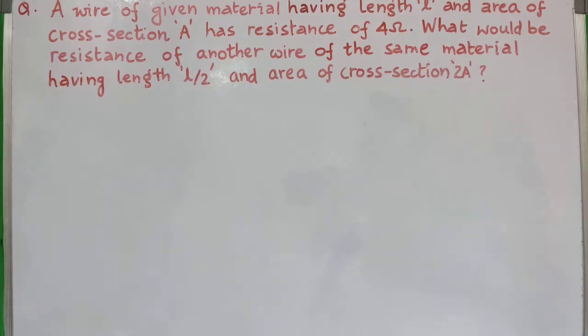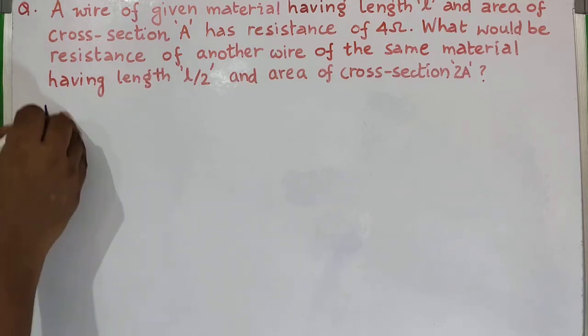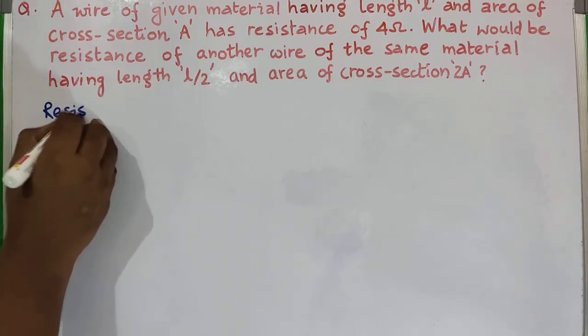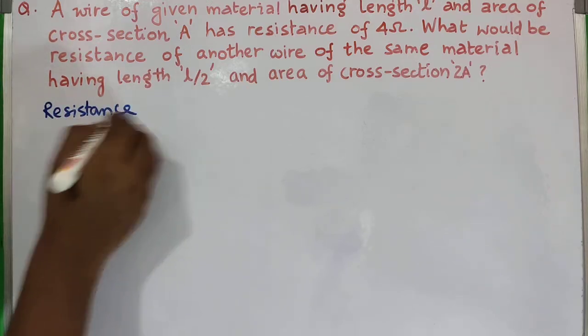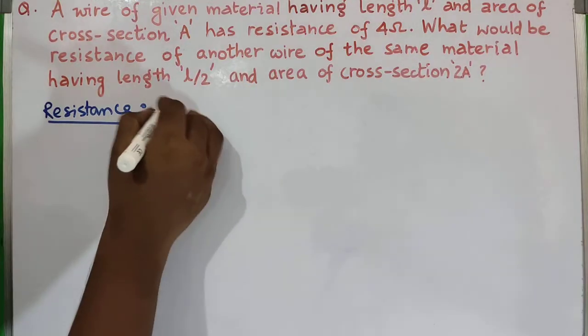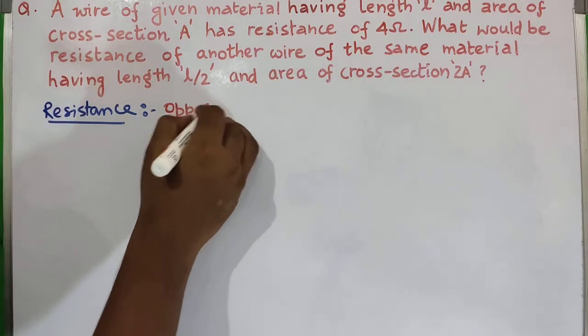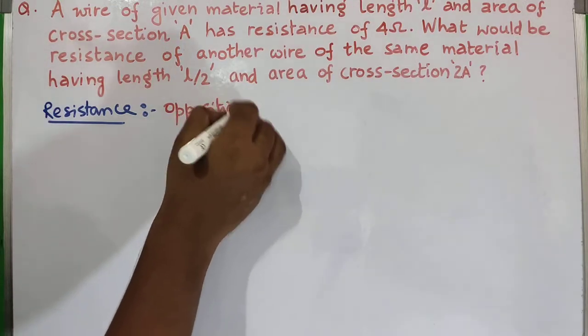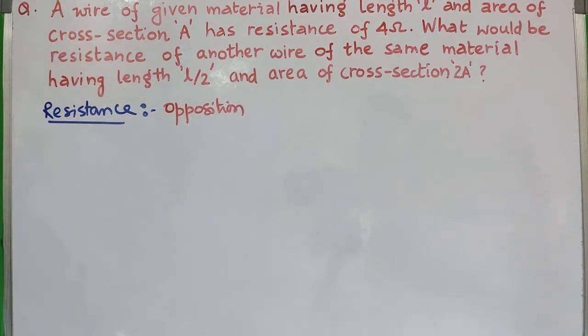So before trying to solve this, let's try to understand the concept. Let's try to understand the resistance. Resistance by the word itself means what? Resistance means opposition. Our chapter name is electricity and we are talking about resistance.